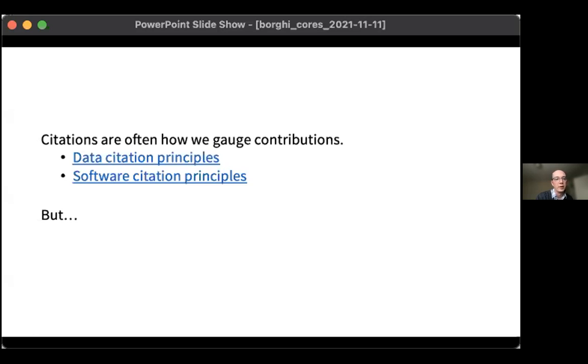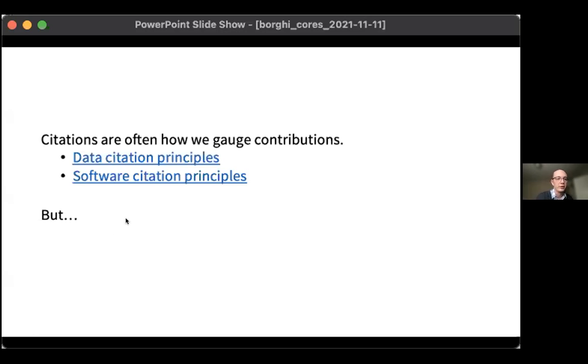So you might have somebody who has curated a data set or worked on a piece of code or built a database or created a set of images for this research project. And one of the reasons to share them is so other people can give them credit for that.